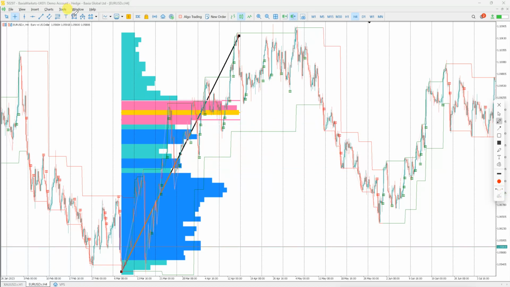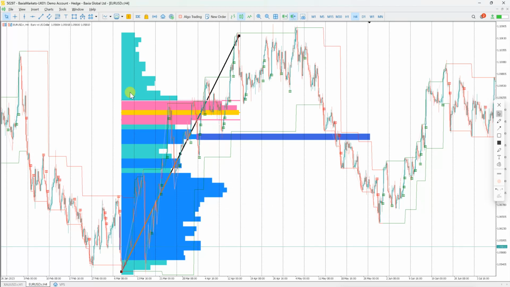Let's maybe draw a square. Okay, this is a high volume node cluster, right? And after that, it went inside this.